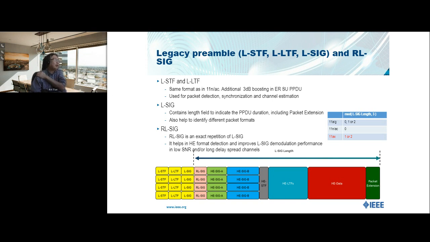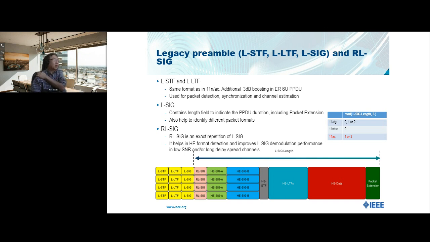This L-SIG is the foundation for all the coexistence between the different generations of 802.11 Wi-Fi packets. This L-SIG is understandable by all these different generations. So for each generation of devices, even if you don't understand the other parts of the preamble, at least you understand the length field of this preamble to tell you how long this packet is.